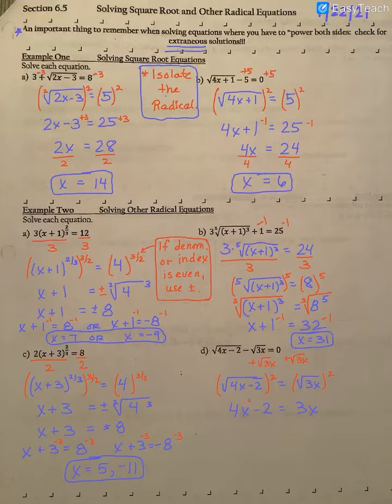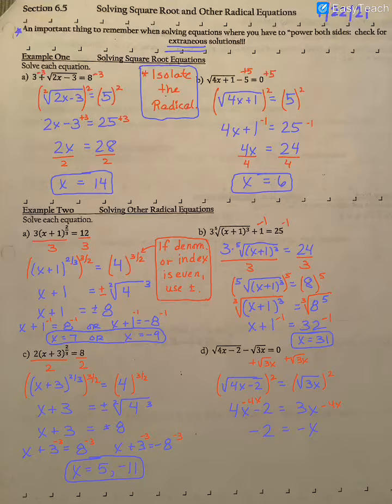You would have to subtract 4x. If I subtract 4x on the left, 4x minus 4x cancels, and I'm left with negative 2. On the right, if you subtract 4x, 3x minus 4x is negative 1x, or negative x.